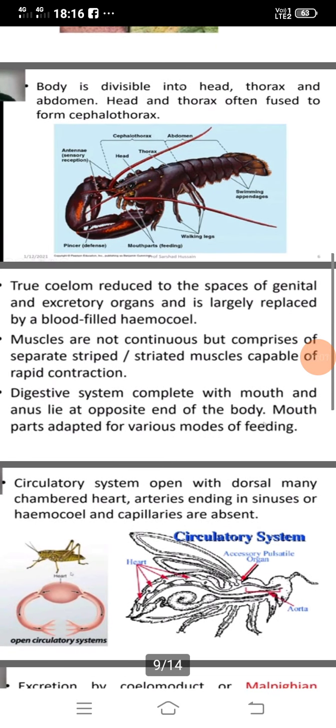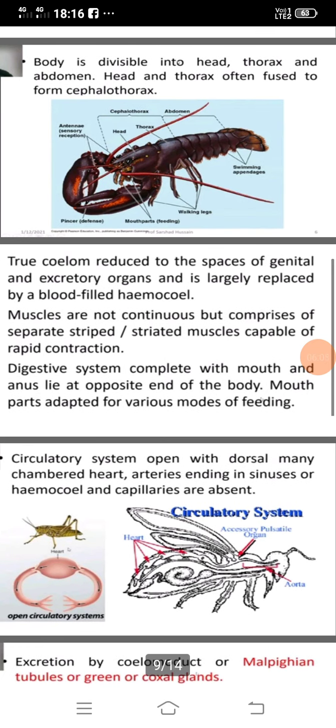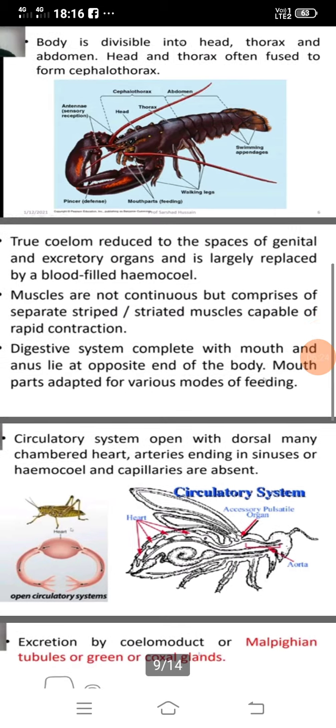The next is they have the true coelom, but it is reduced to the spaces of genital and excretory organs. So the excretory organ space and the genital organ space is the space of coelom, and the rest of the space is replaced by a blood-filled hemocoel.